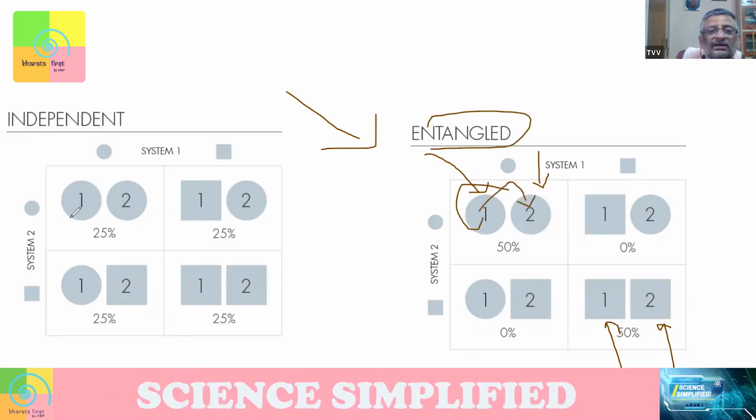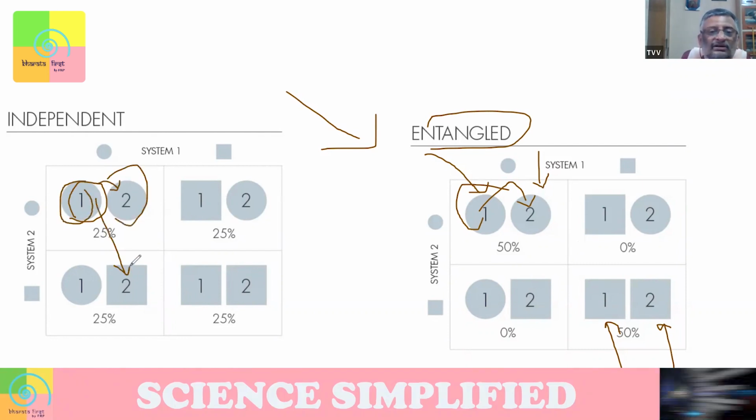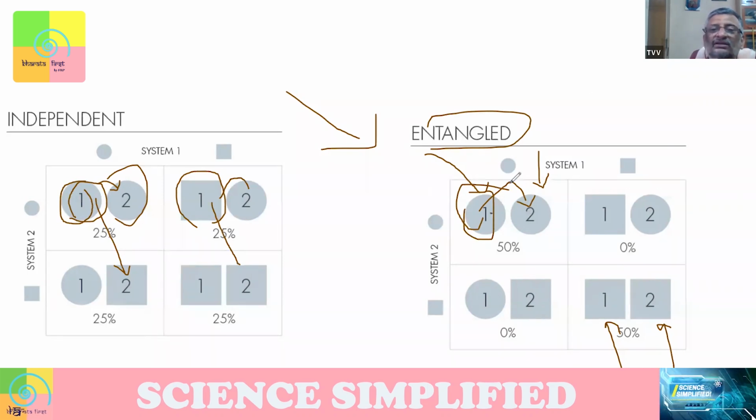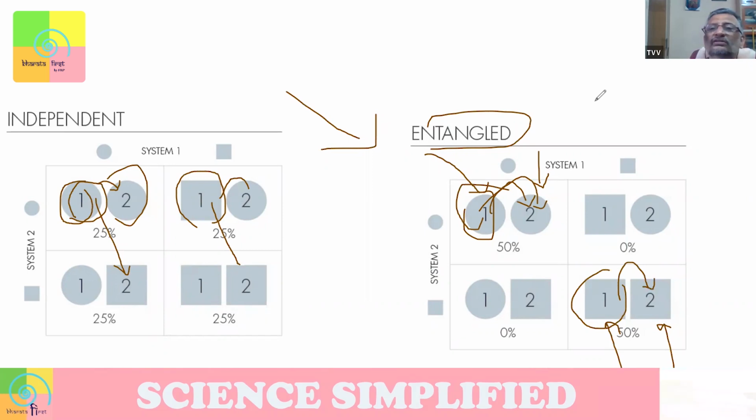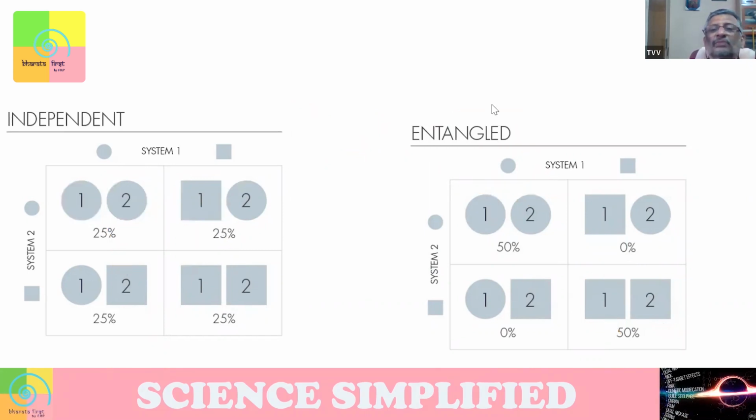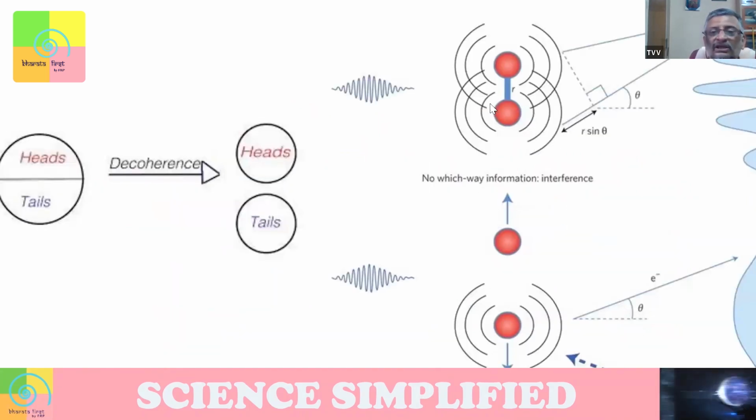Without it, whatever the first is, the second is not dependent: when the first one is a circle, the second can be a circle or a square, and if the first is a square, the second can be a circle or a square. Both are possible. But here, because of the entanglement, if the first is a circle, the second has to be a circle, and if the first is a square, the second has to be a square. So this is called quantum entanglement. This is another property in quantum mechanics.